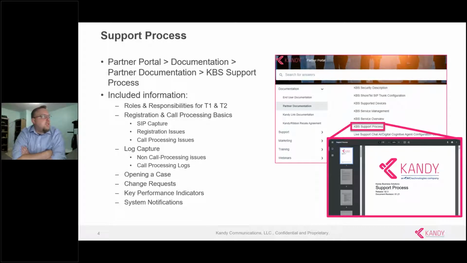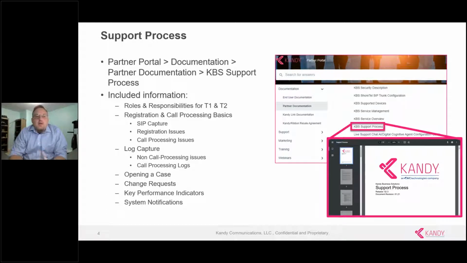What you'll see on this slide is just a summary of the table of contents in this guide. It does cover roles and responsibilities for Tier 1 and Tier 2. It goes into registration and call processing. So this is where you can find information about SIP captures, registration issues.